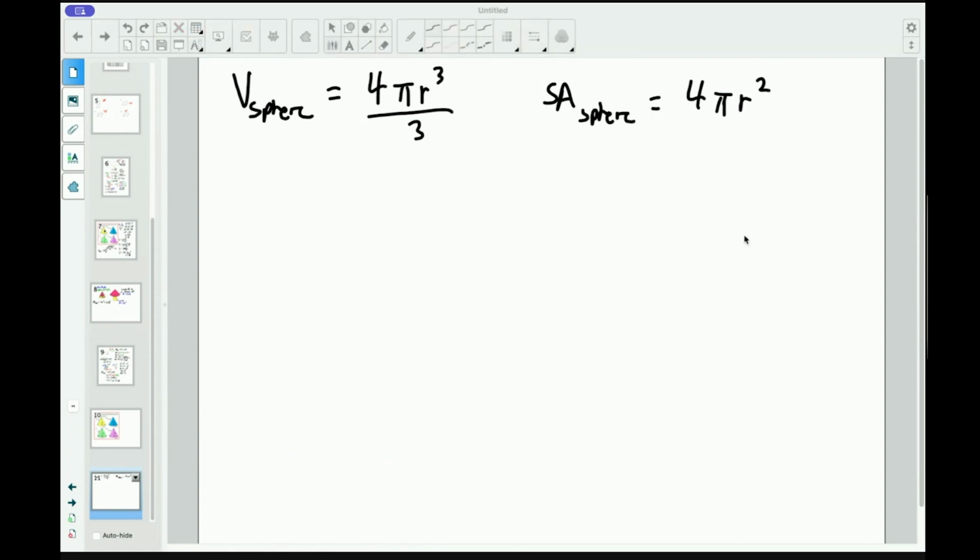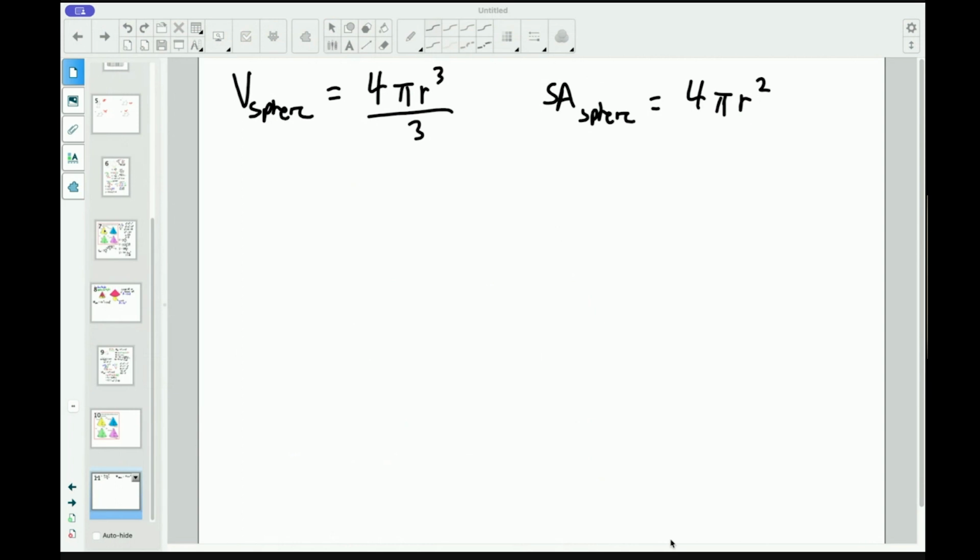I'll give you a second to copy that down. Again, these formulae are not given to you on the formula sheet, so you do have to commit those to memory, unfortunately. So go ahead, take a second to write those down.